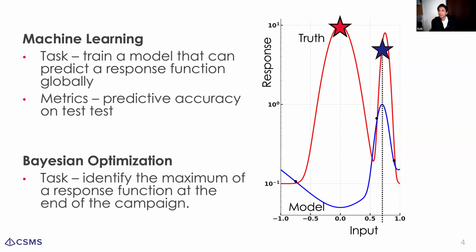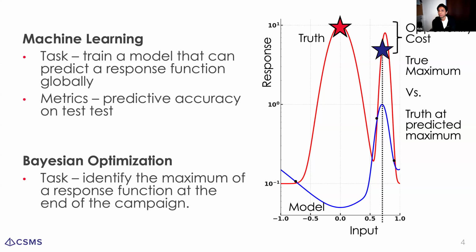You can compare this with the actual true best. This is another metric that we call the opportunity cost, which compares the actual true best value versus the true value at what you think is the best. And we want this to be small. And so this is an illustration of why global accuracy is not the goal in an optimization problem.